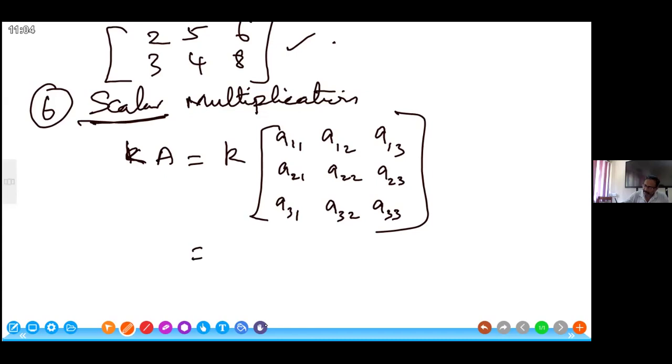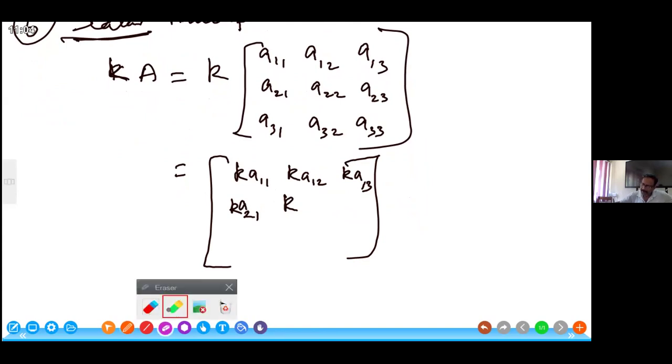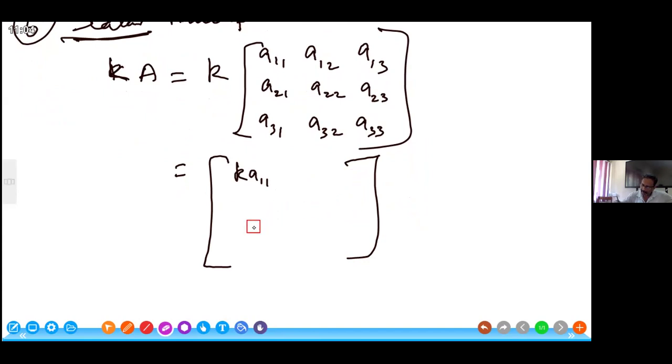So the answer would simply be K into A11, K into A12, K into A13, KA21, KA22, KA23, and so on.